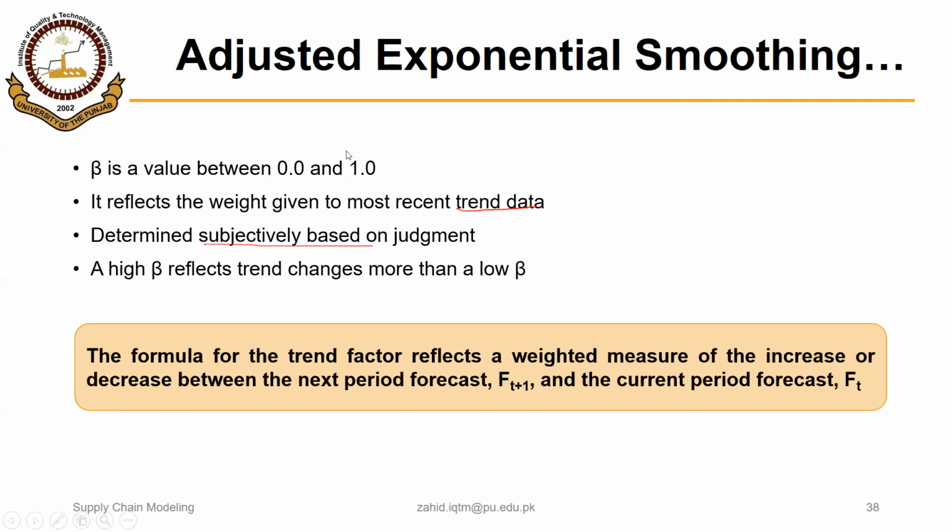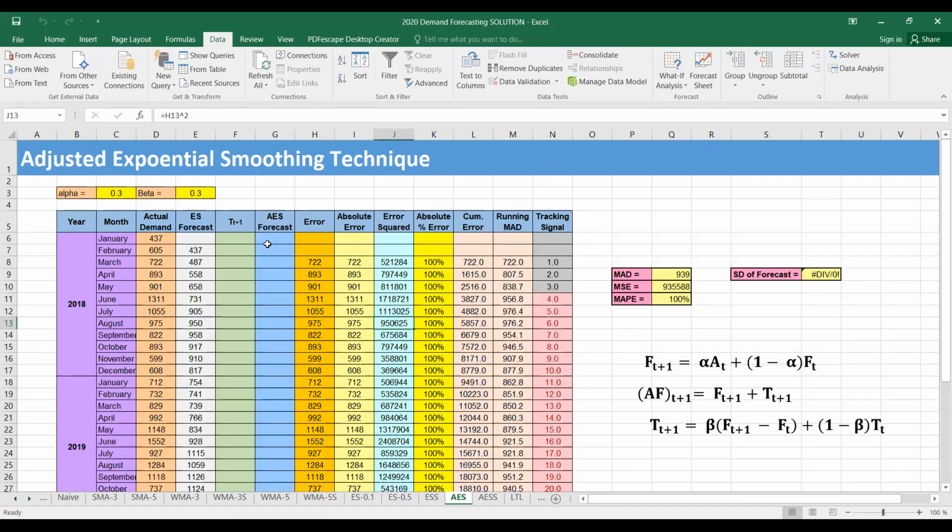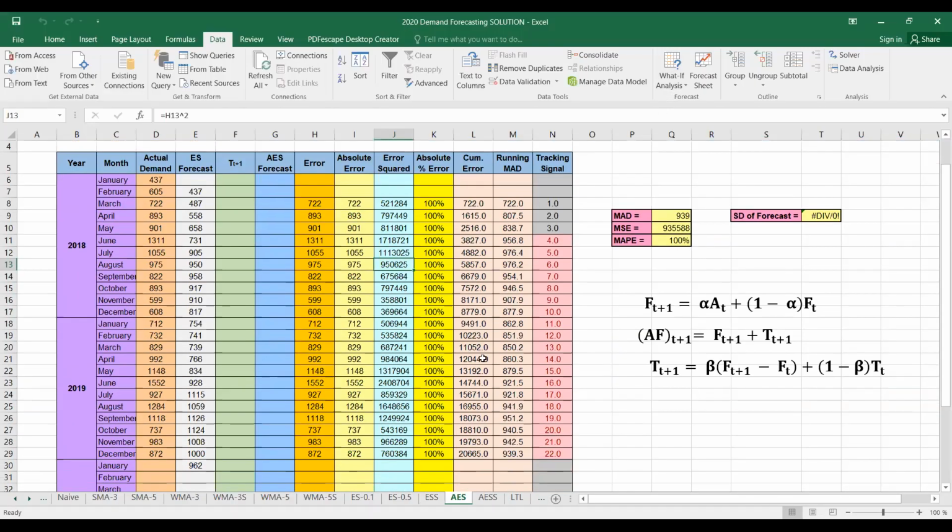Now we will solve the same problem. We will forecast using the same data set as we used for simple exponential smoothing, using Excel. So if you recall, this is the formula for adjusted forecast.